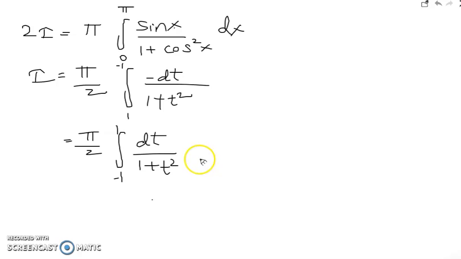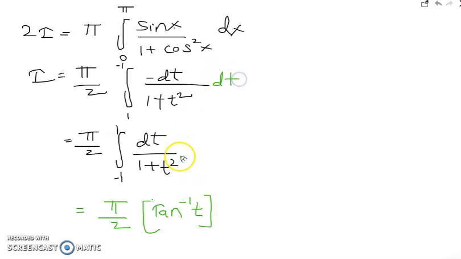What is the integration of 1 by 1 plus t square? We know that it is tan inverse theta. Pi by 2 is equal to tan inverse of t, where upper limit is 1 and lower limit is minus 1.